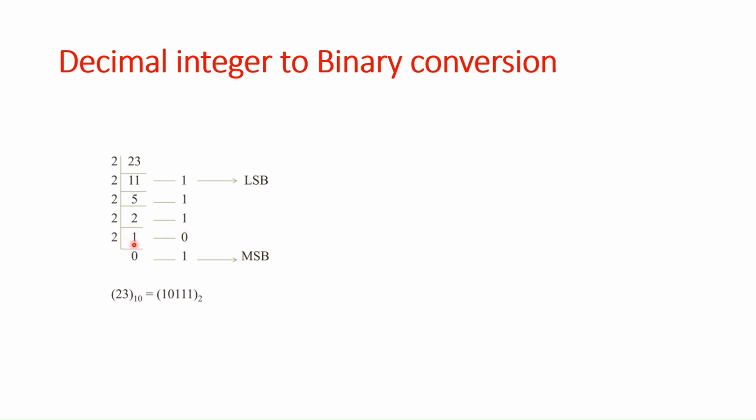Again then 1 and 0, and here 0 and 1. When the quotient becomes 0, you stop, and now you collect the remainders. This becomes the most significant bit, and this becomes the least significant bit. So 23 in decimal is equal to 10111 in binary.